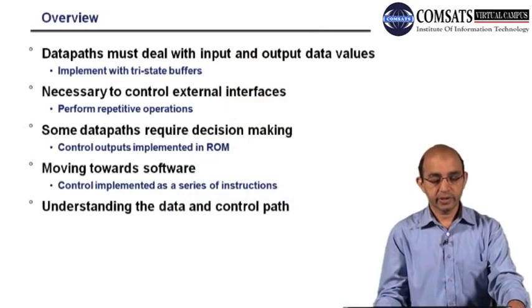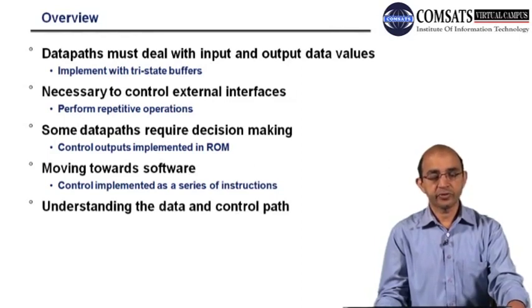So this is relevant to the last lecture, lecture number 31, where we discussed the ALU. In the ALU we talked about two important elements: the control and the data path. We need to deal with the IOs for certain interfacing.